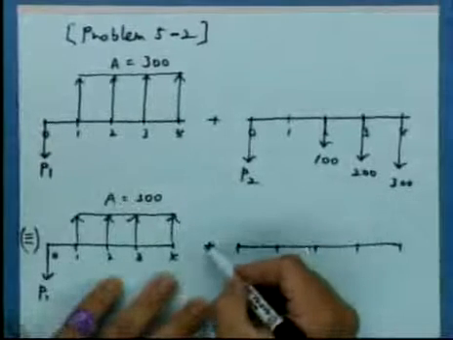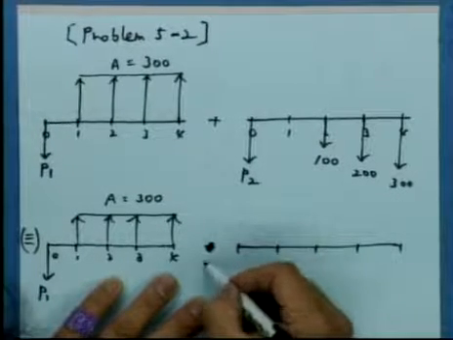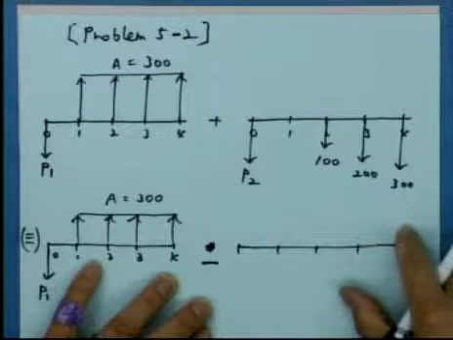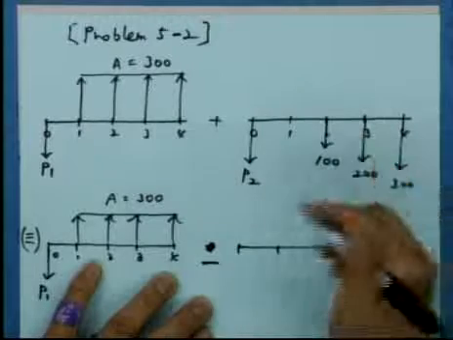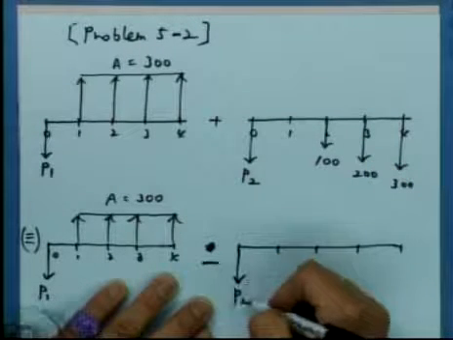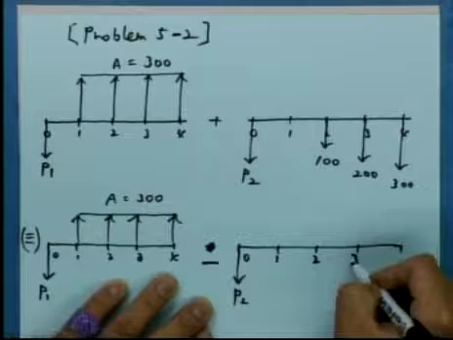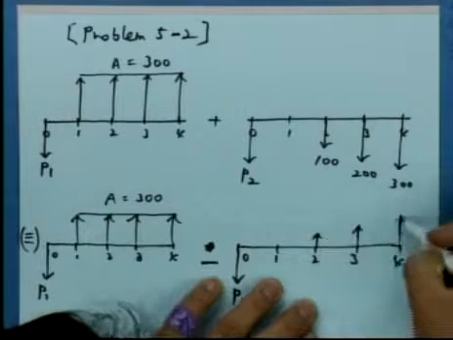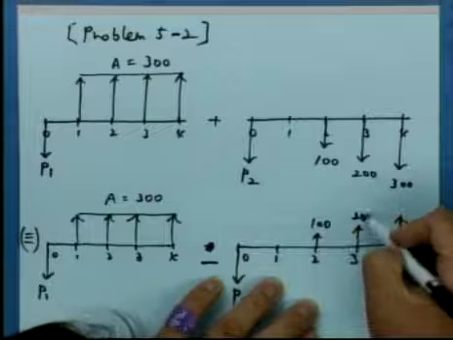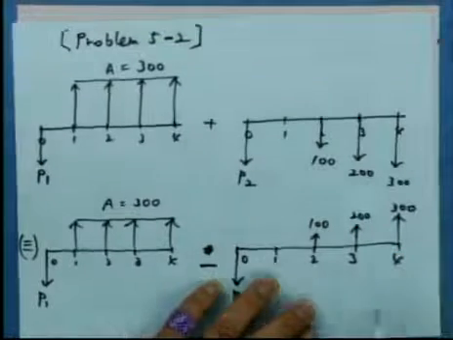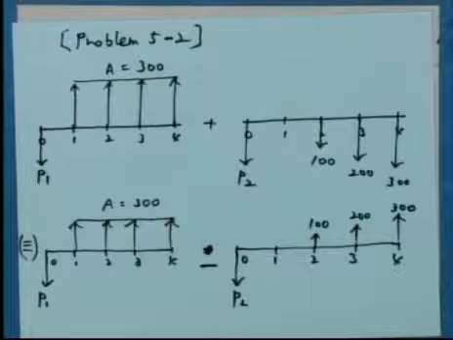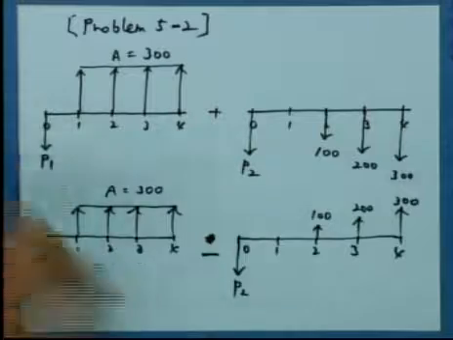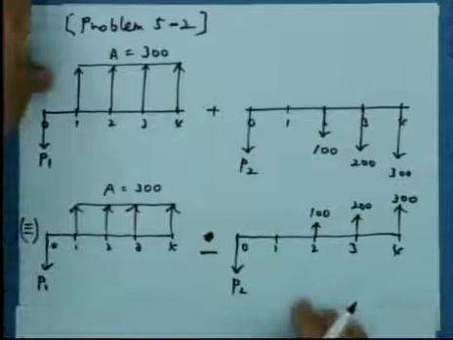And then instead of a positive sign here, if we put a negative sign, then we can have positive cash flow instead of negative cash flow, right? So here, P2, 0, 1, 2, 3, 4. We have 100, 200, and 300, right? So either is fine. You can go with either, okay?